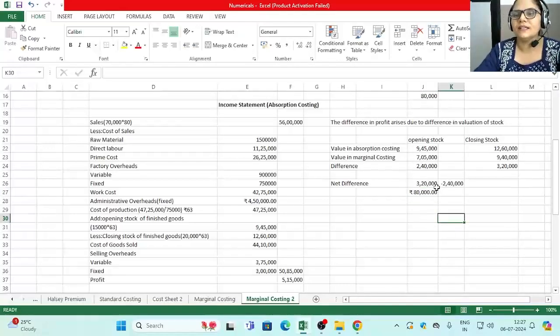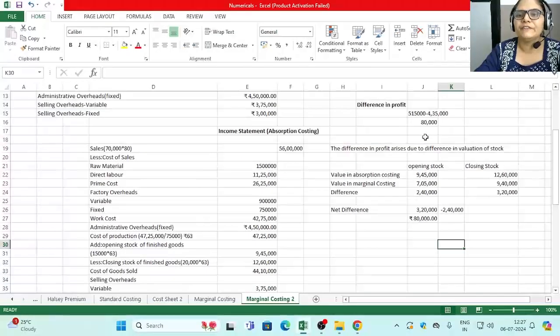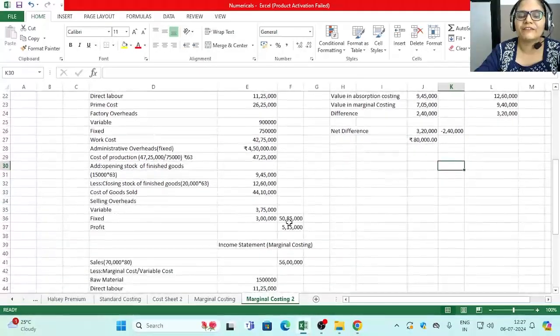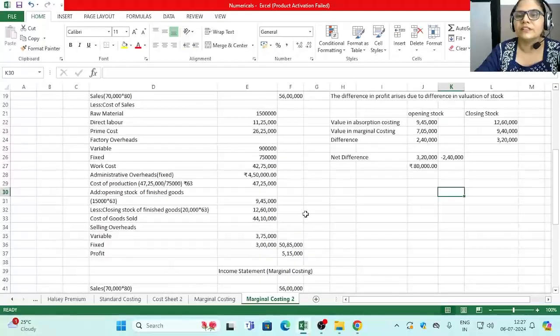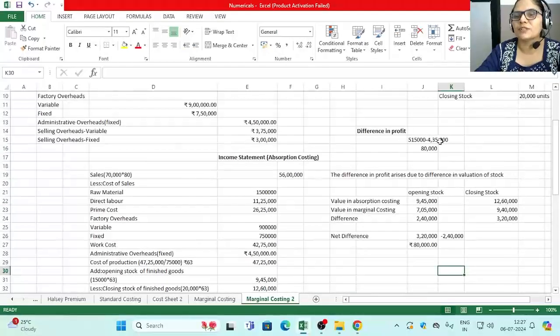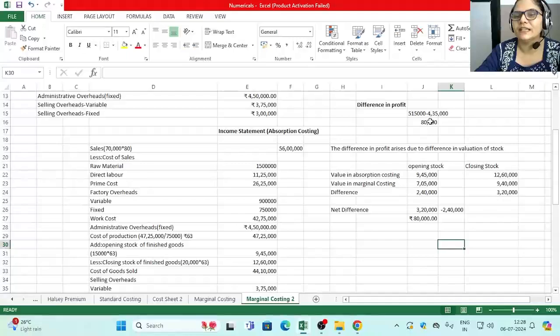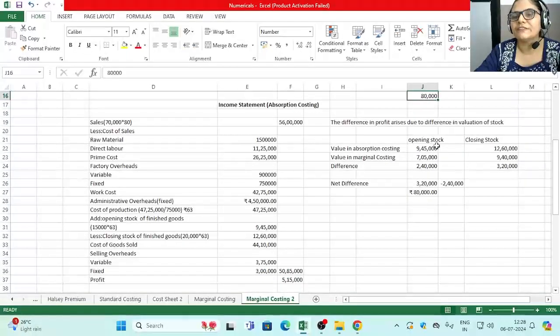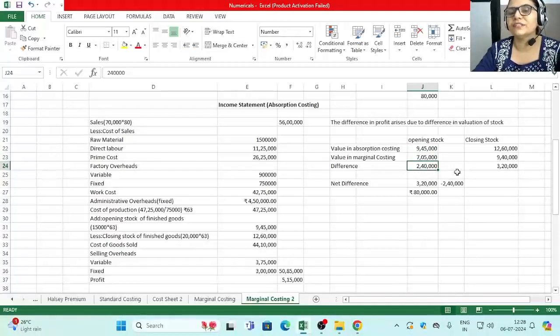As you can see, difference in profit is 5,15,000 minus 4,35,000, that is 80,000 in case of absorption costing and marginal costing. And this difference is due to the difference in value of opening and closing stock. Let me repeat it again.